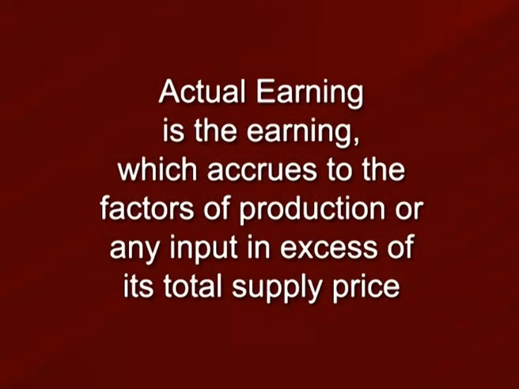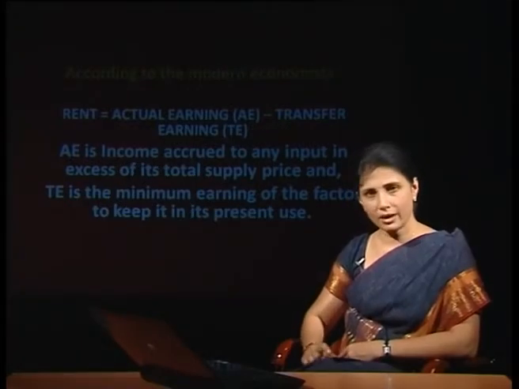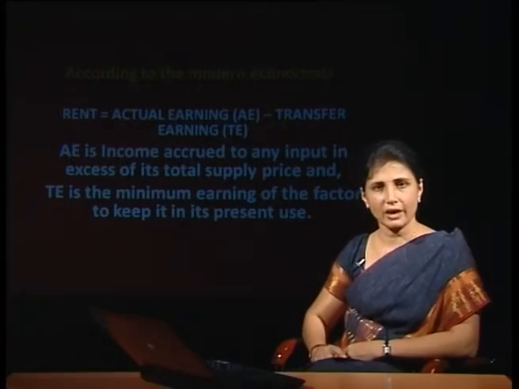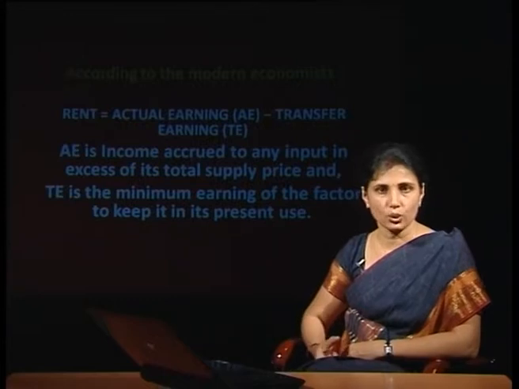Now, actual earning is the earning which accrues to factors of production or any input in excess of its total supply price. Whatever is its minimum supply price, over and above that supply price, if any factor of production is giving income, that is called actual income.